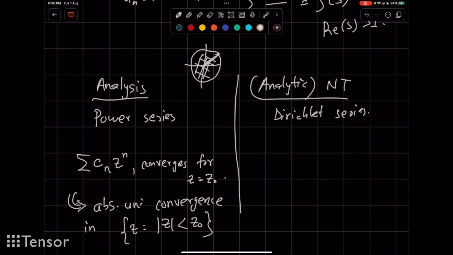We also have a very similar result for Dirichlet series. Suppose the sum of a_n over n to the s converges for, let's say, s equals s naught.